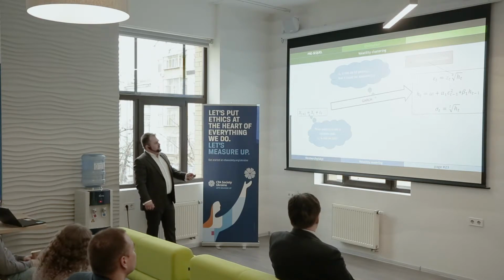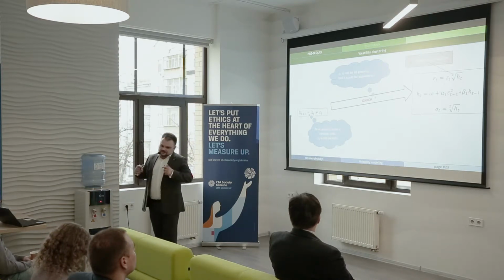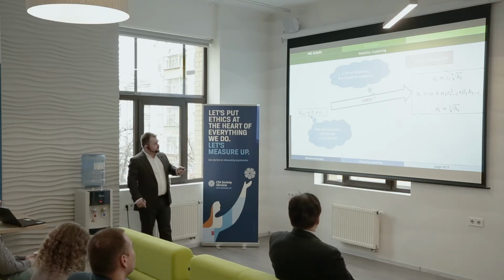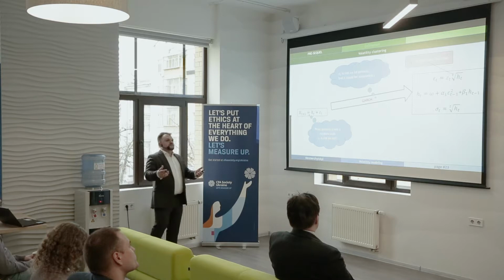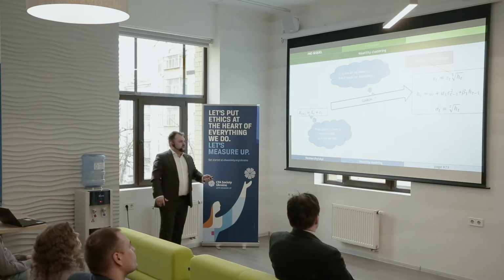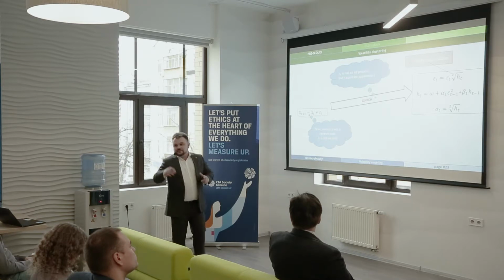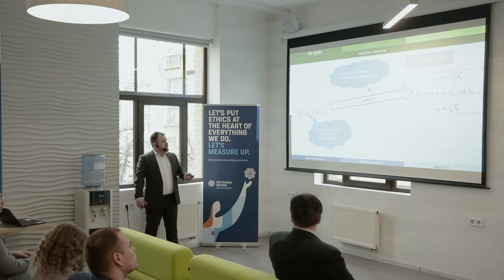It is not IID, but we can create an IID process, a stable process that has the same parameters for all time, by using such a construction. The error term is Z, which is IID by construction, multiplied by the square root of the conditional variance. The variance is based on the current situation in the market. How can we produce this conditional variance? By using this equation.